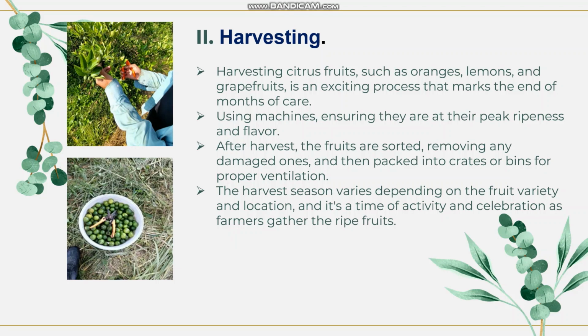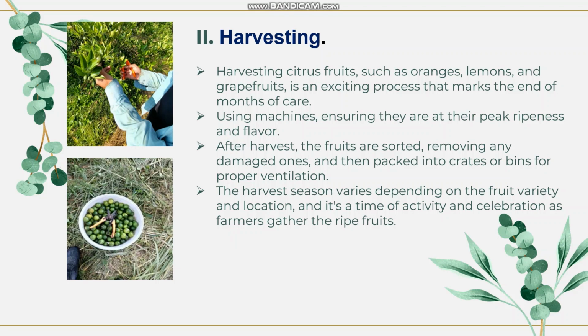Secondly, harvesting. Harvesting citrus fruit such as orange, lemon, and grapefruit is an exciting process that marks the end of months of care. Using machines, ensuring they are at their peak ripeness and flavor.